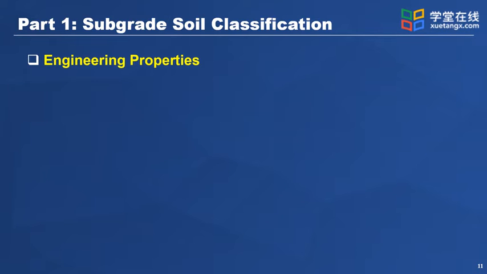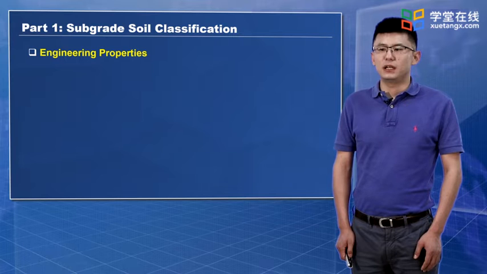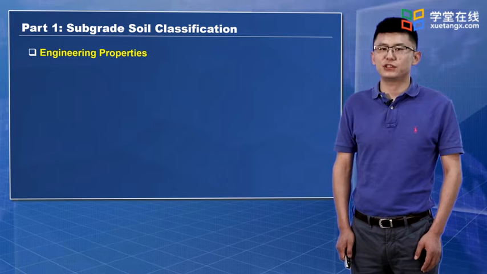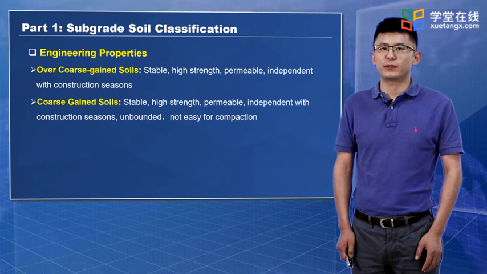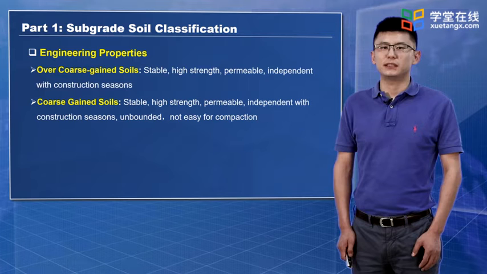And different types of soils may have different engineering properties, especially when we utilize them in highway engineering. So we need some information, especially the engineering property information. So what are the properties of different soils? For example, if we have over-coarse or coarse-grained soils, generally they are stable with high strength and permeable, and they are independent of construction seasons.